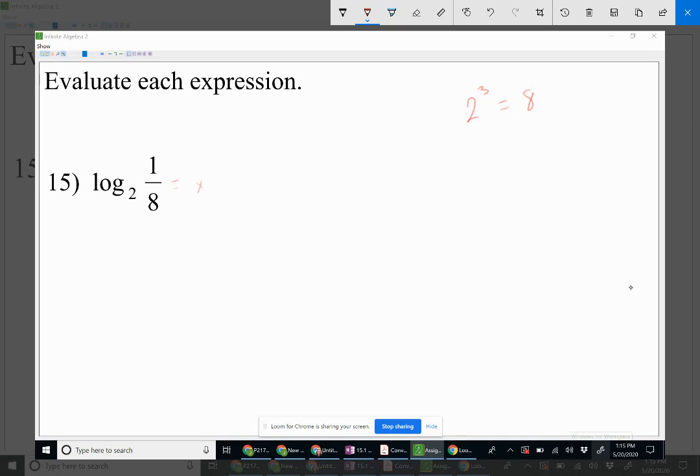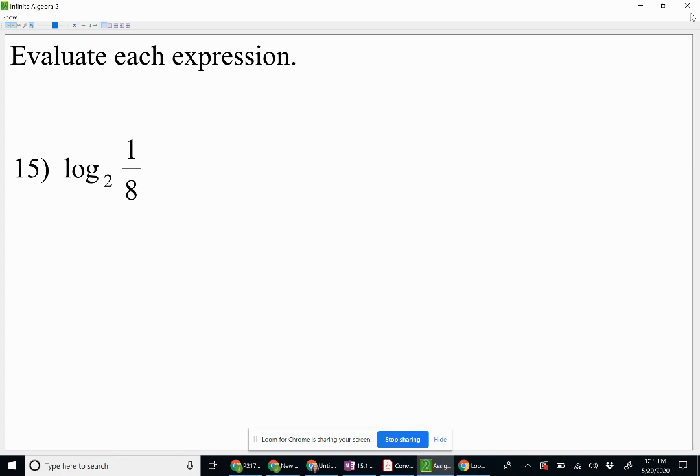So 2 to what power is 1/8? 2 to the negative third. So our answer is negative 3. Okay. Hope I'm right.